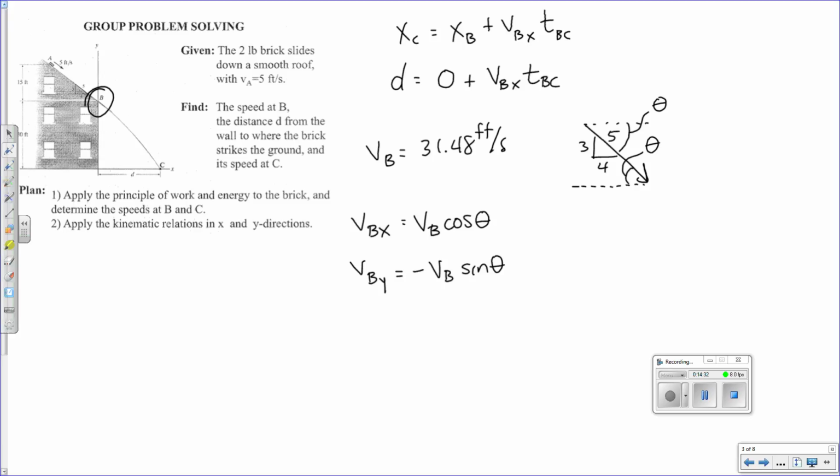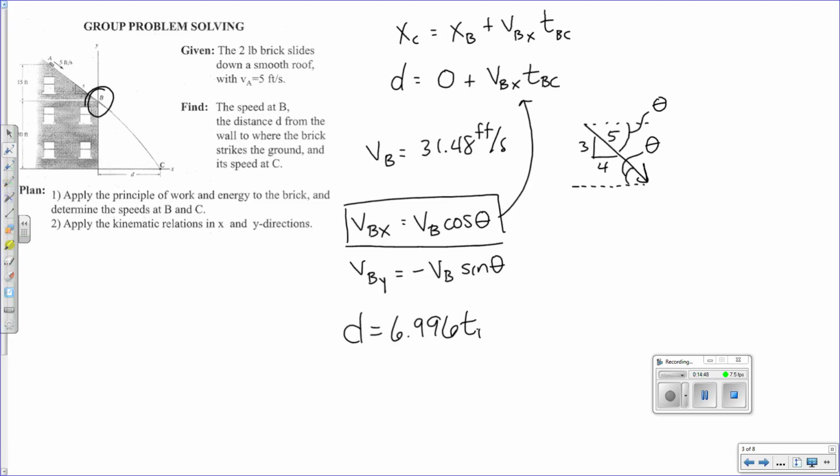When I plug in this value, VB cosine theta for VBX, into my top equation here, I find out that D is equal to 6.996 TBC. Theta, if you're unsure, is going to be your inverse tan of 3 over 4.